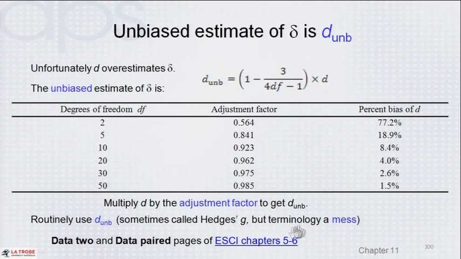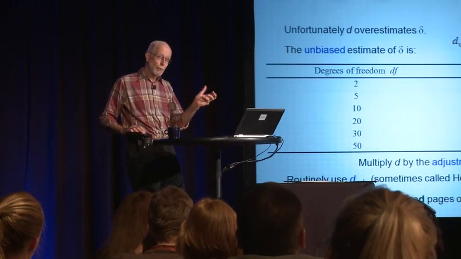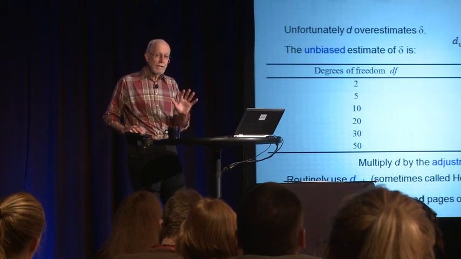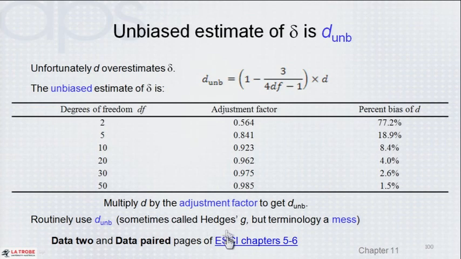Unfortunately, next tricky thing, the terminology in this area is a nightmare. Hedges' g, named after Larry Hedges, very notable meta-analyst amongst other things. Hedges' g, back in the 80s when he introduced it, had a particular meaning, pooled standard deviation. But these days it's used with a totally different meaning, that is, the unbiased version of D. How this came about, I have no idea.